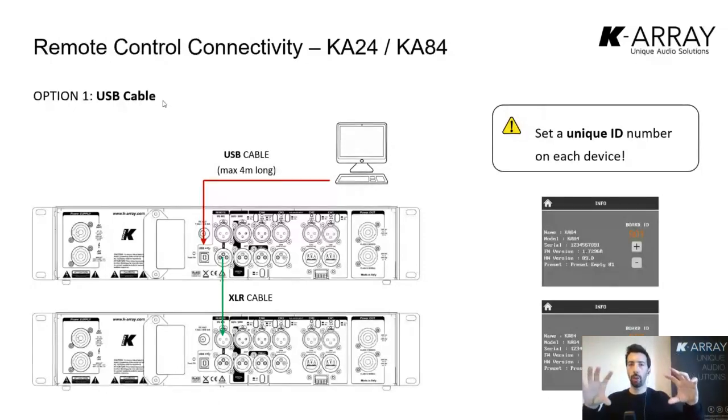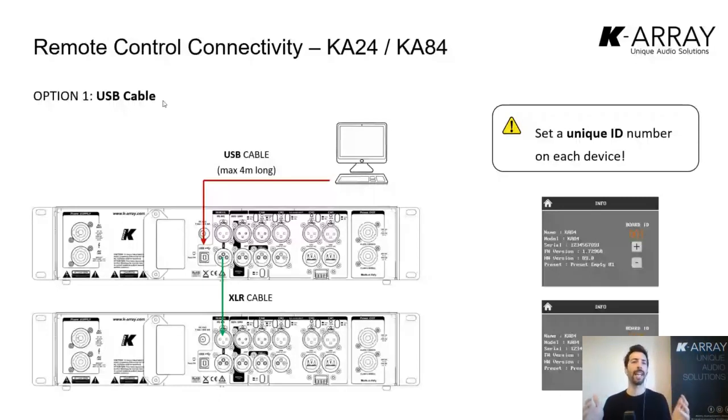If you join all these amplifiers together in the same RS485 network, and you want to control all of them at the same time, make sure to set a different ID number on each amplifier. What is an ID number? It's an identification number which makes that amplifier unique in the network.